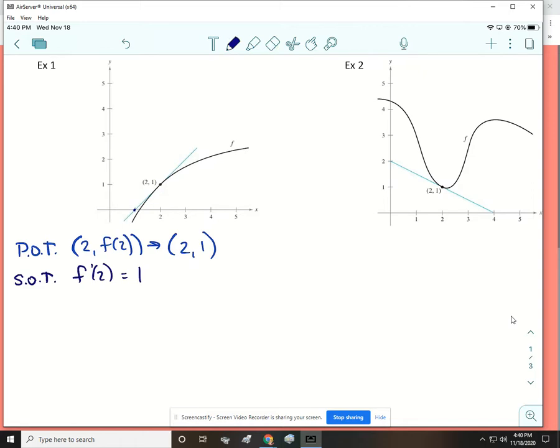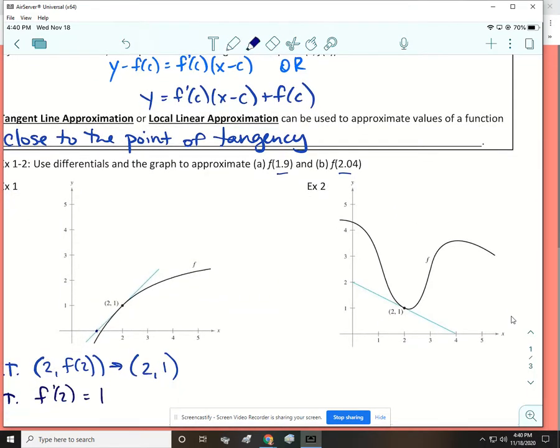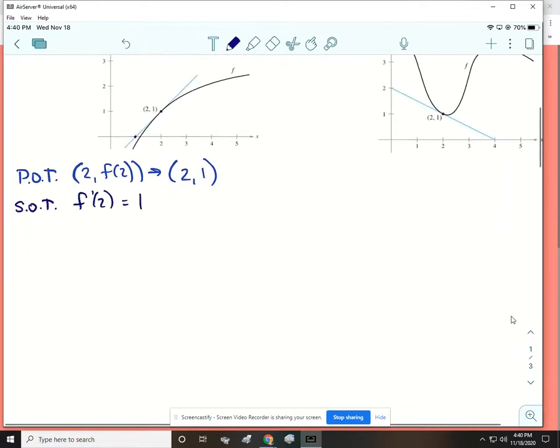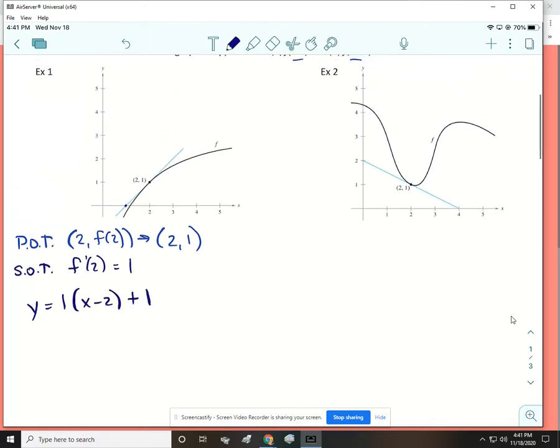All right, so I'm going to go ahead and plug all those things into this equation. So we'll get that y equals the slope, which is 1, times the quantity x minus 2, and then at the end is plus 1.